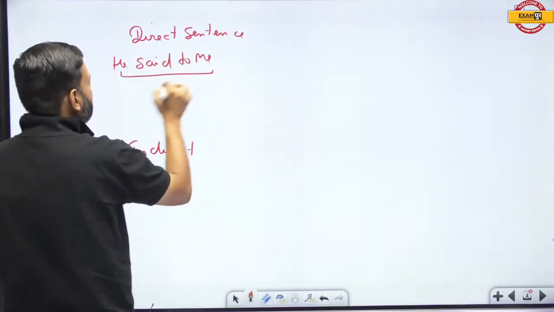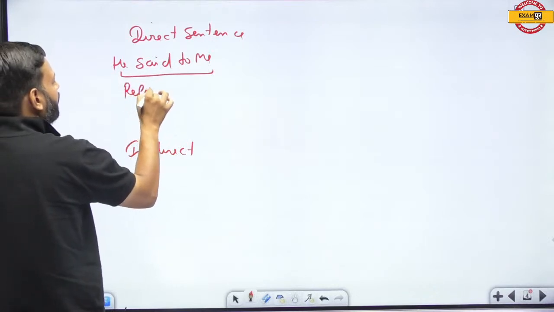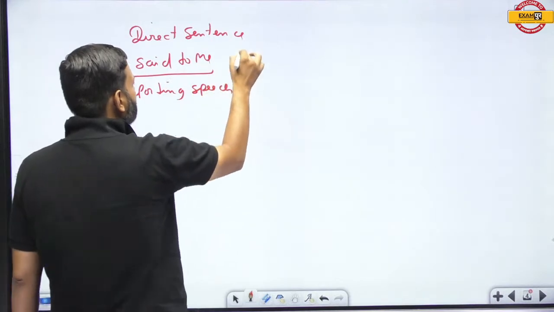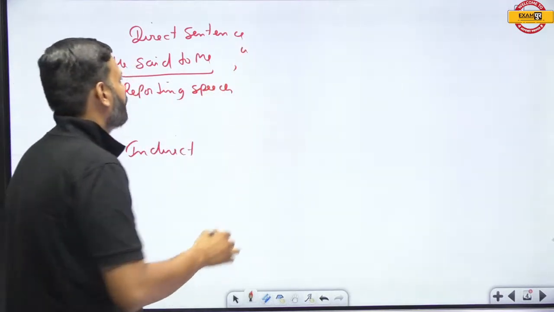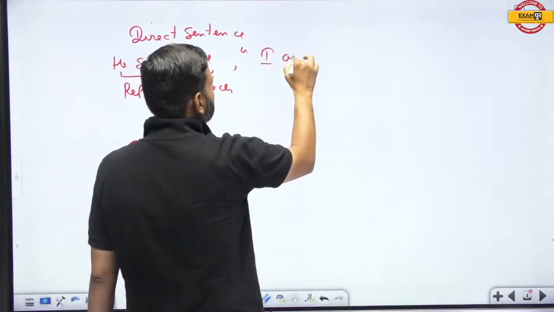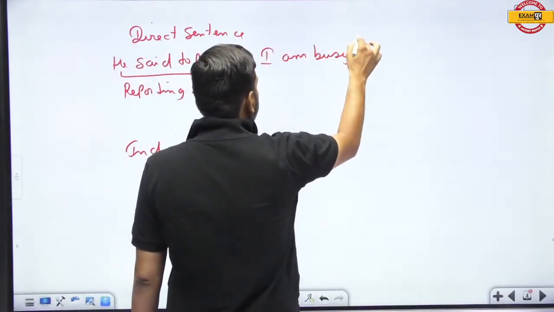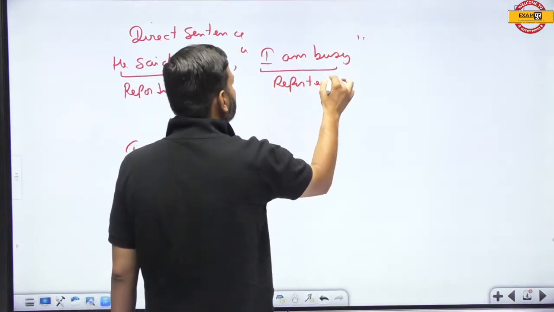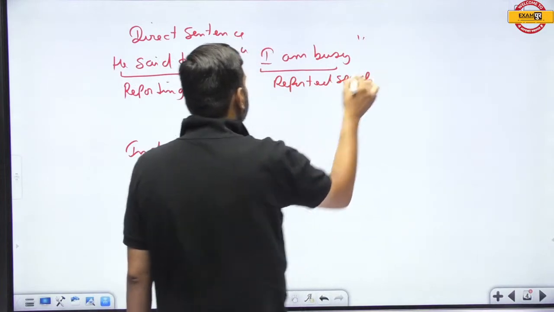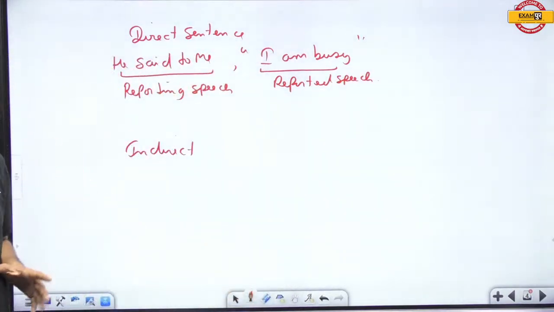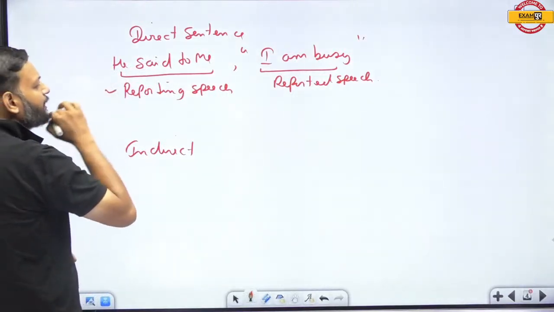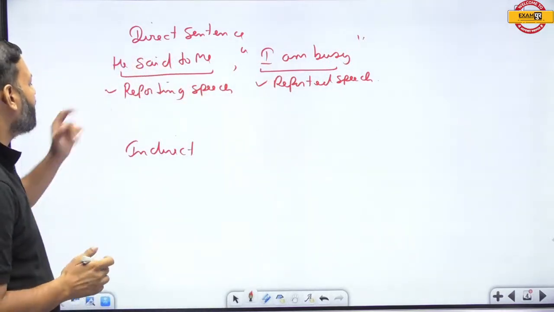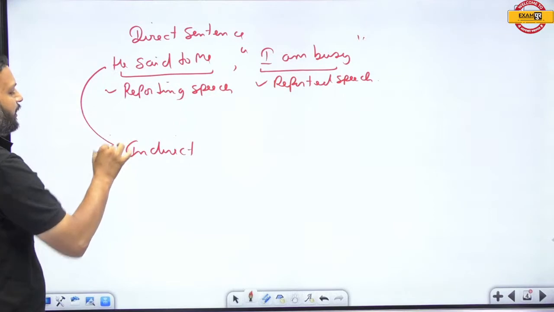The first part is called reporting speech, and within the inverted commas we have reported speech. So a direct sentence has two parts. First part is called reporting speech, and within the inverted commas we have reported speech. Now we have to change this sentence into indirect.